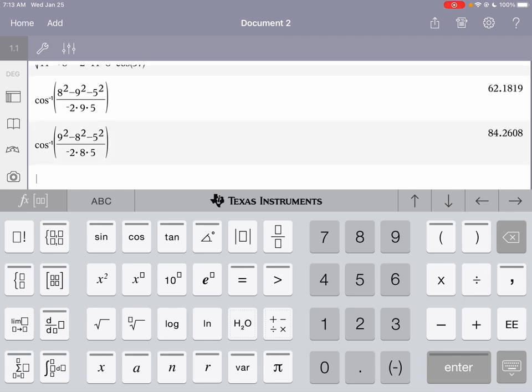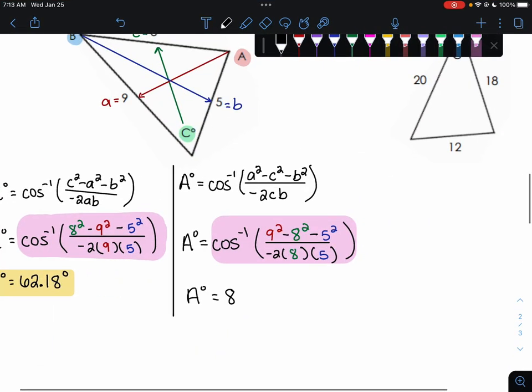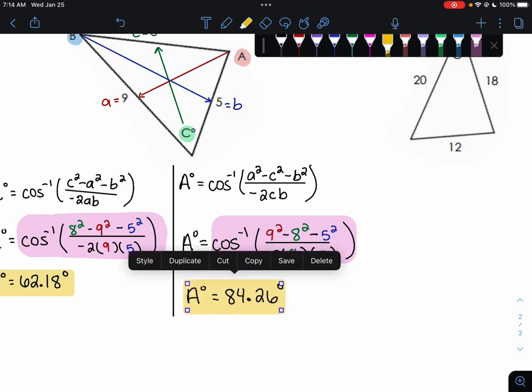You press enter, you get 84.26. Okay, and that is the angle that we currently have for A.